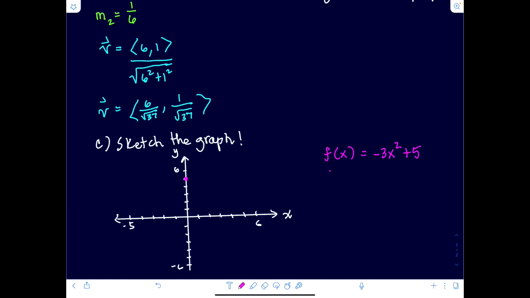If I find f at 1, we get positive 2, which means at negative 1 will also be positive 2. And f at 2, we will have negative 12 plus 5, which is negative 7, which will equal f at negative 2.